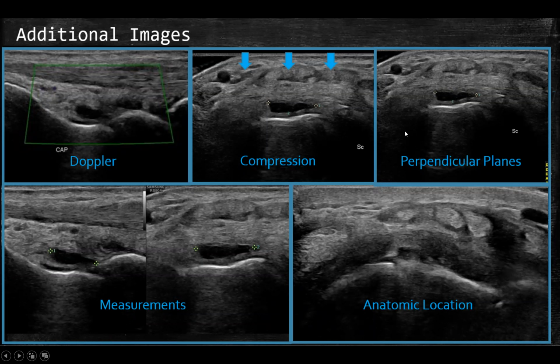Anytime we look at something on ultrasound and we're scrutinizing it, you want to look at it in multiple and ideally perpendicular planes. So this is no different. Take measurements of what you're looking at. That is useful information to include in your report. And then finally, just a detailed description of the anatomic location of your lesion.